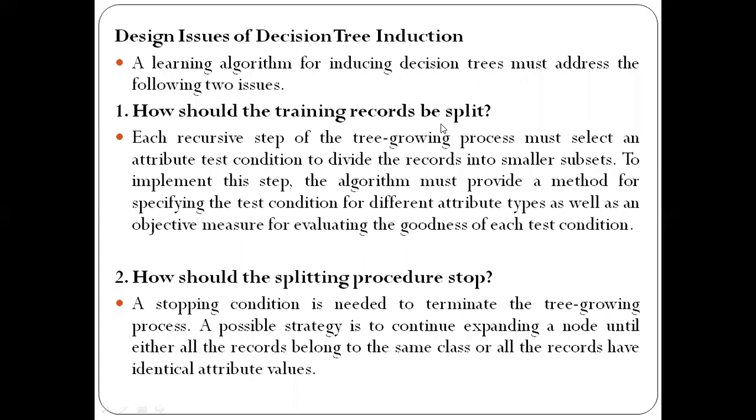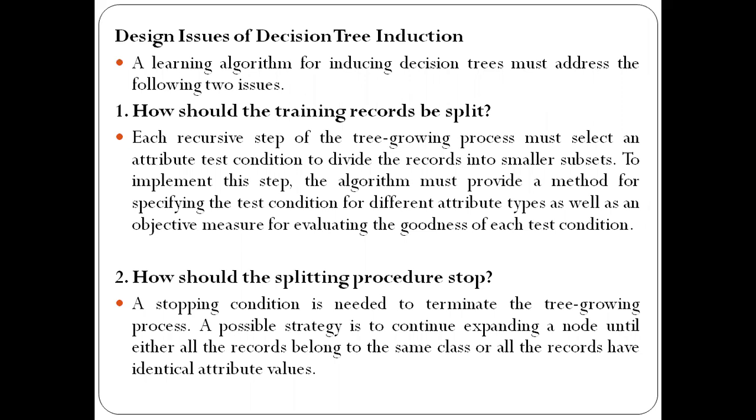At each step of the decision tree algorithm, we'll be choosing one of the attributes as the splitting test attribute, and we'll be dividing the records into purer subsets. At the next step, again we will choose one of the attributes as the splitting test condition and then again divide the records.